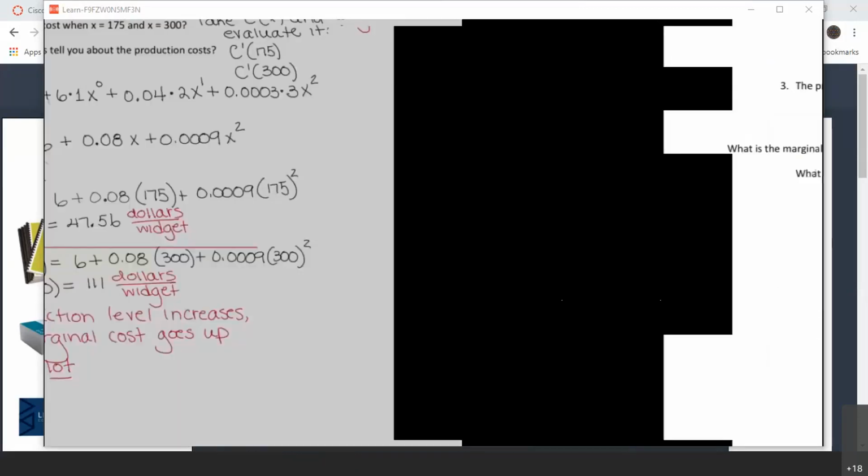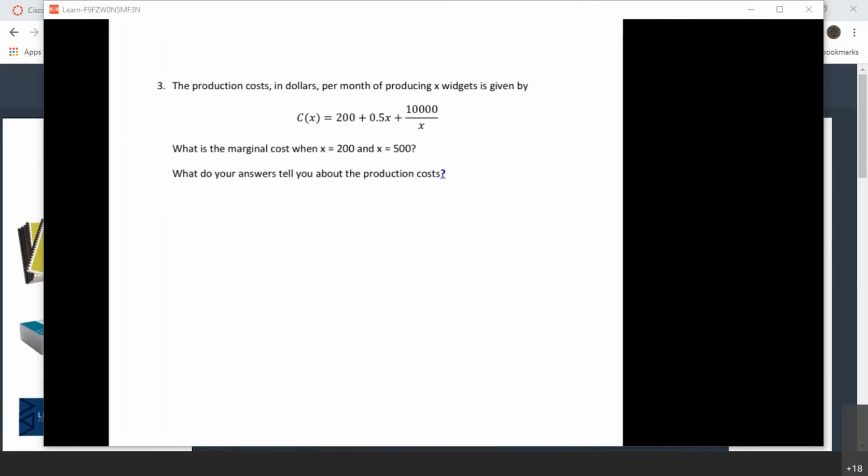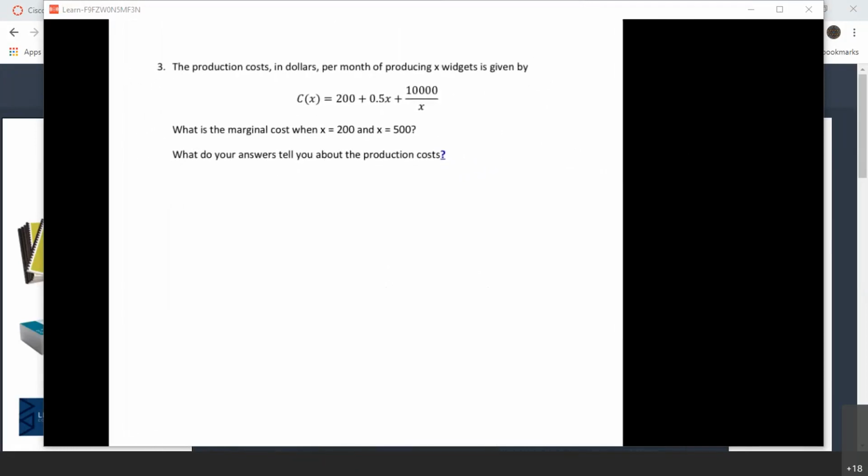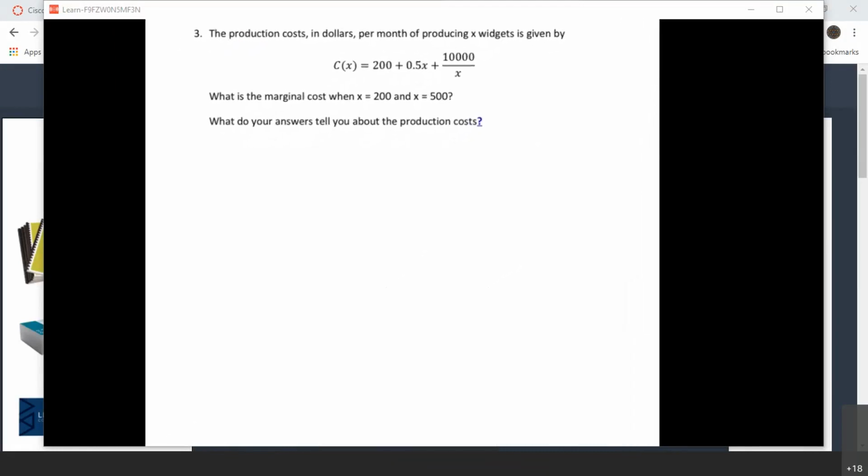The second example is real similar, so I'm going to ask you to try this one. You try number 3. I'm going to help you set up the problem before I turn you loose on it. You can again see marginal cost.